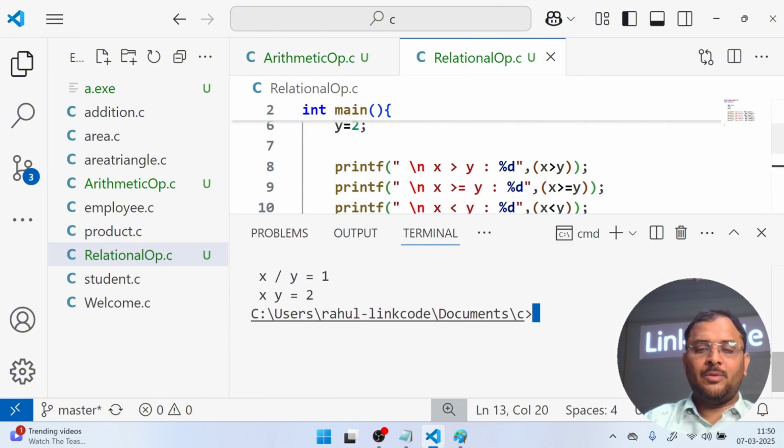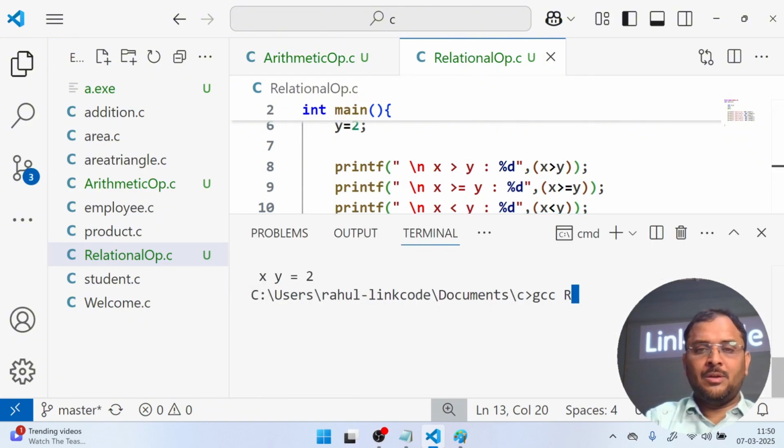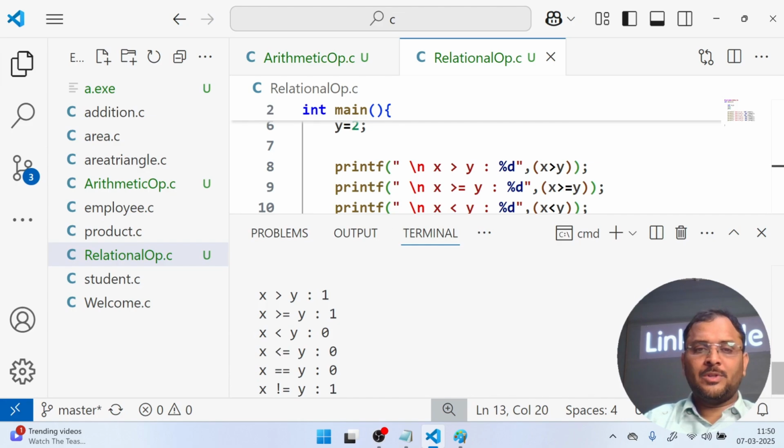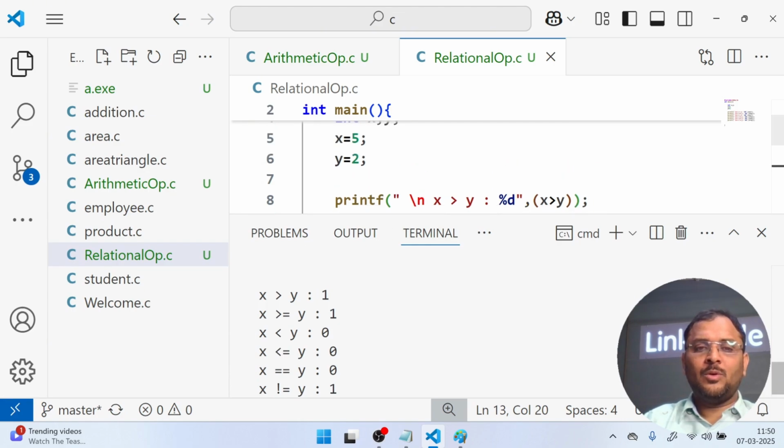So here we can check now, gcc relational operator .c, then .exe. Here is the output. First of all, x value is 5 and y value is 2. So 5 is greater than 2, that's why it's a 1. Next, 5 is greater than or equal to 2, but greater than is there, that is sufficient, that's why it is again true.